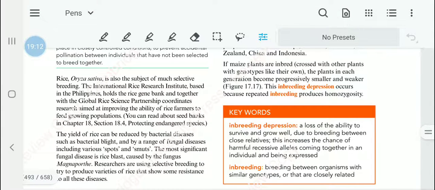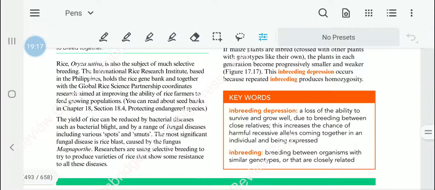For example, showing resistance to diseases or producing a higher yield.